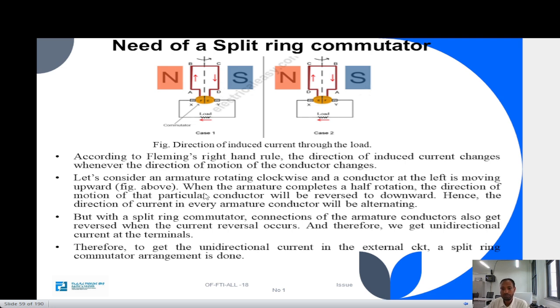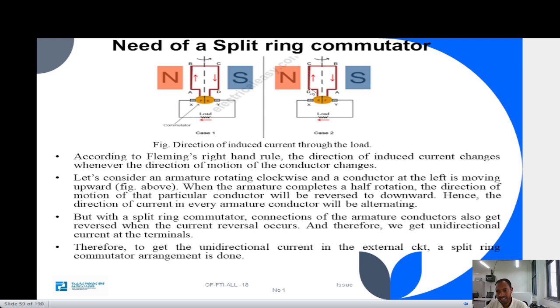Now, an armature, let's assume the armature is rotating clockwise and the conductor at the left is moving upward. When the armature completes a half cycle, it means 180 degrees, obviously this coil side is going to be shifted.